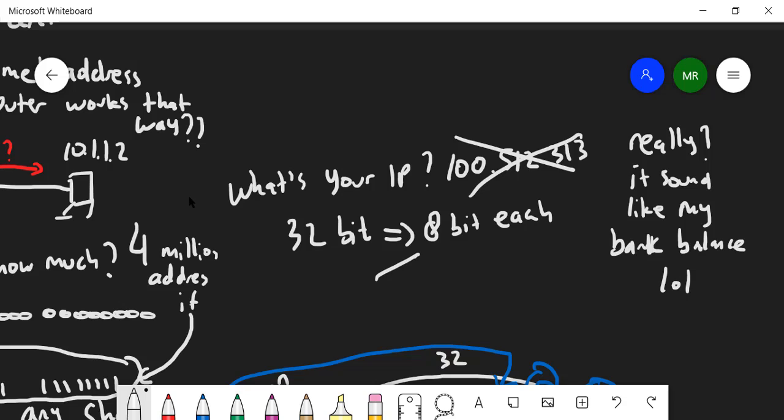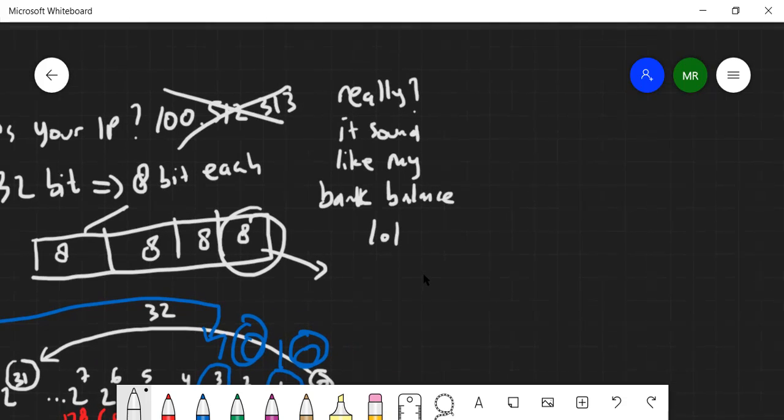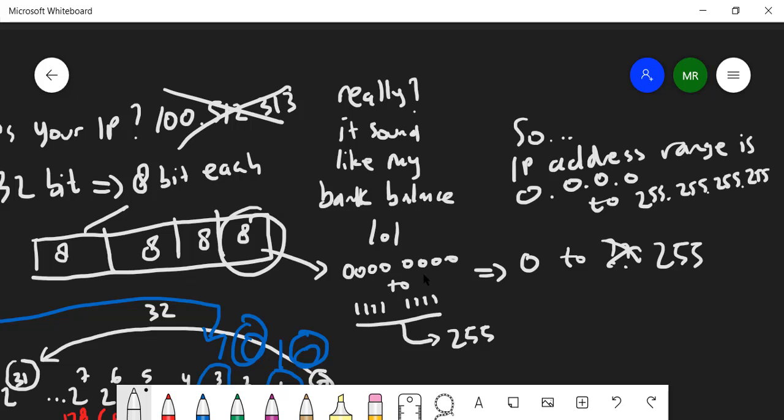If we have eight ones and then convert that into decimal, we get 255. So the IP addresses used by our networks range from 0.0.0.0 to 255.255.255.255.